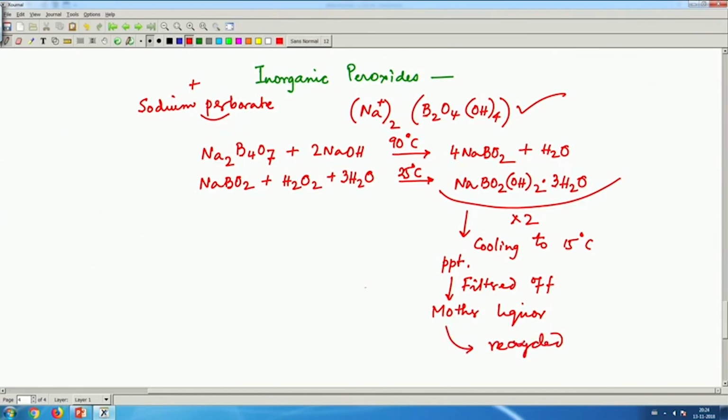So the precipitate is basically giving us this compound, which is that boron based peroxy compound or boron based inorganic peroxide.